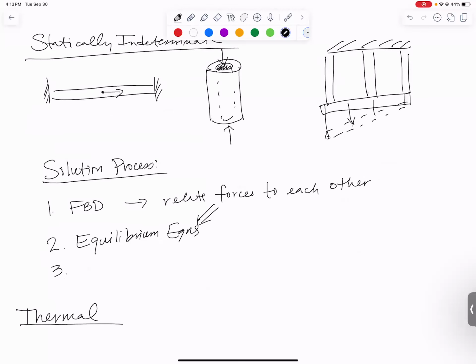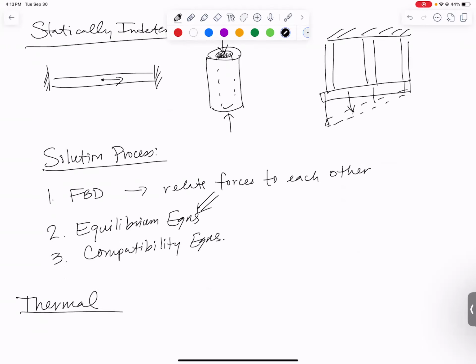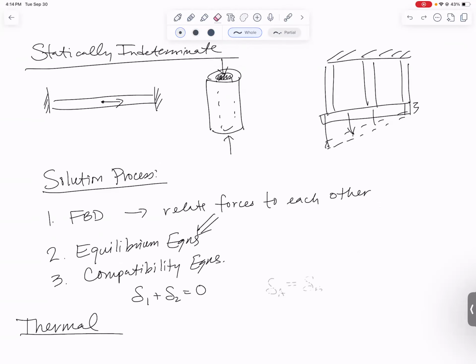And finally, we need compatibility conditions. Compatibility conditions take one of three forms. For the first picture that I have, we're going to have something like delta 1 plus delta 2 equals 0. For the one in the middle, we might have something like delta for concrete equals delta for steel.